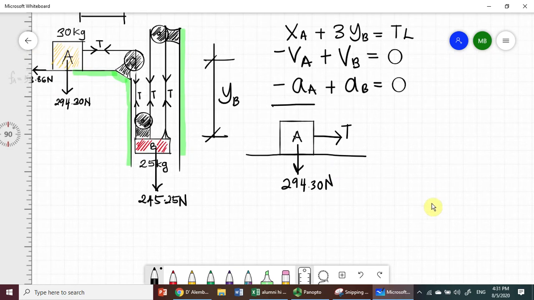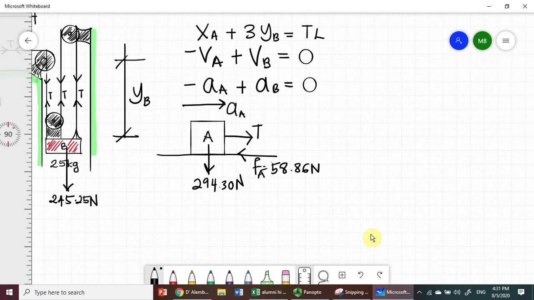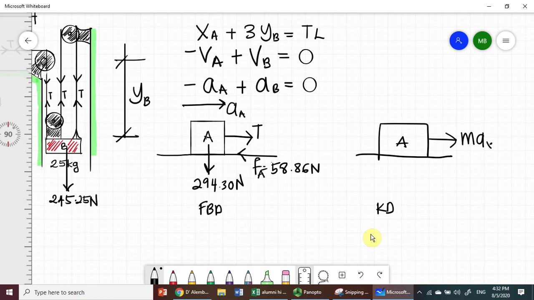Since we know it is moving to the right, our friction will be in the opposite direction, which is 58.86 newtons. Now, this is what you call the free body diagram for block A. Now you need to draw the kinetic diagram. So this will be our kinetic diagram. Done. Now, let's write the equation.